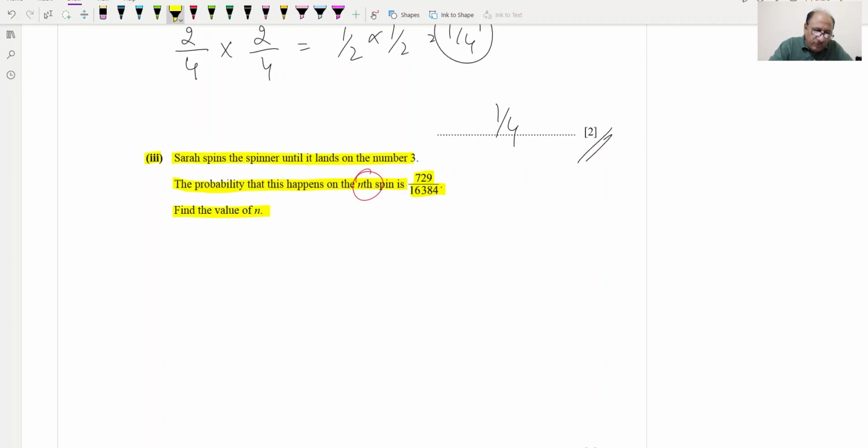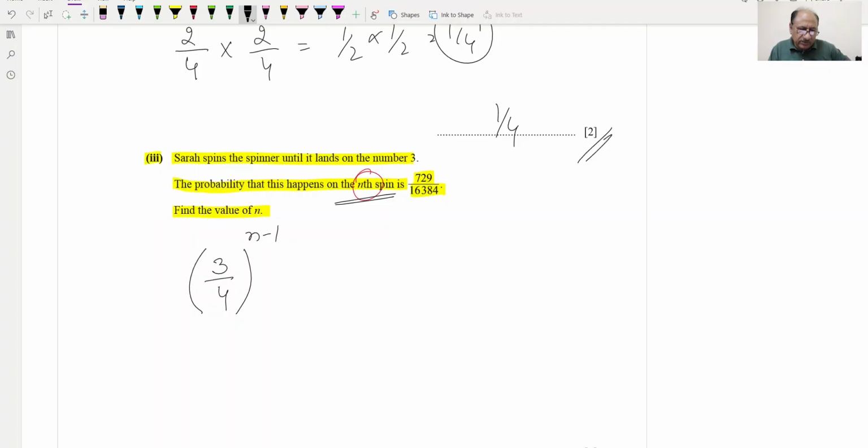So before the nth spin, we have already done n minus 1 spins, and we are not getting 3, so it will be 3 by 4 of basically n minus 1.